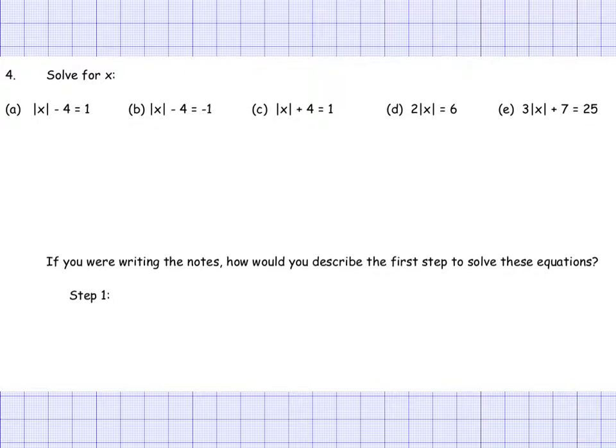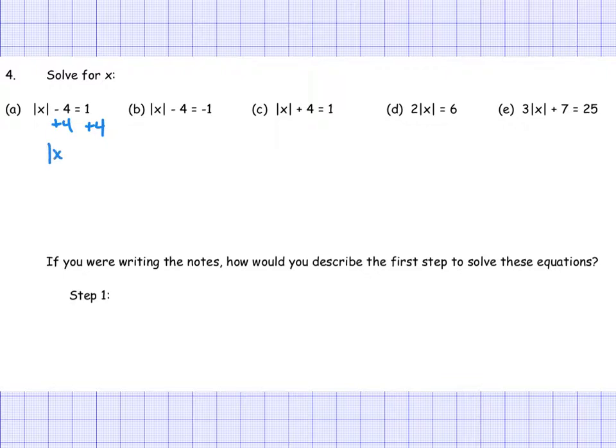So, once again, I would suggest you pause and check your answer, or try these on your own and then check your answers. In all of these cases, we have to isolate the absolute value part before we can do anything else. So you can't do anything with what's inside of it. You have to deal with the parts outside. So on the first one, I'm going to add 4 to both sides.